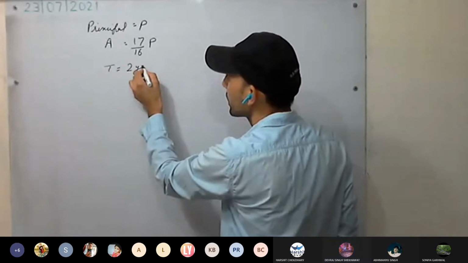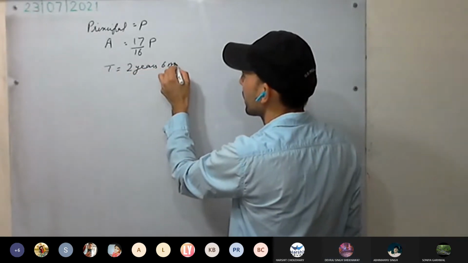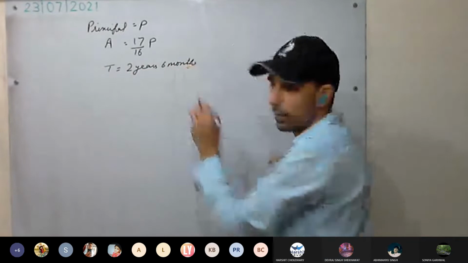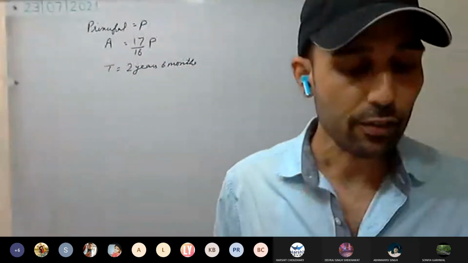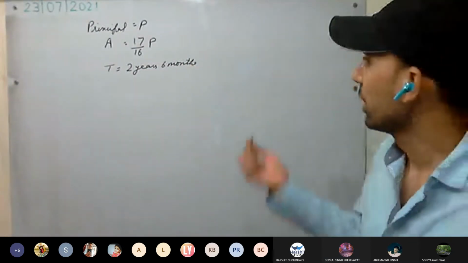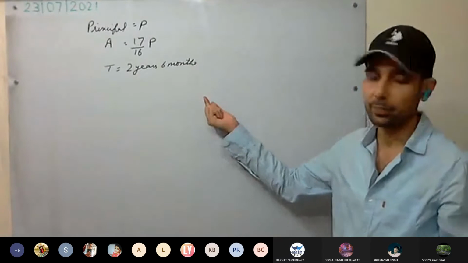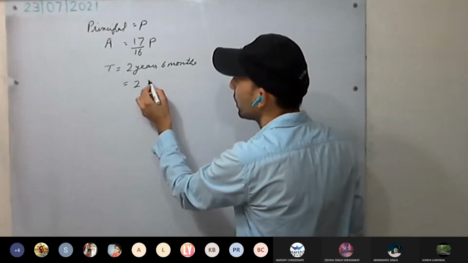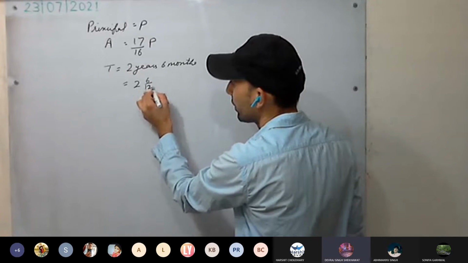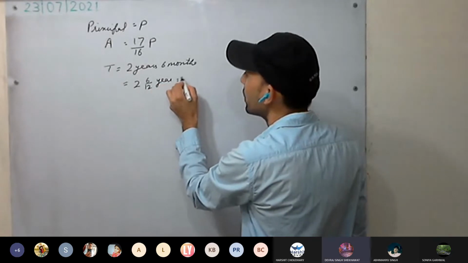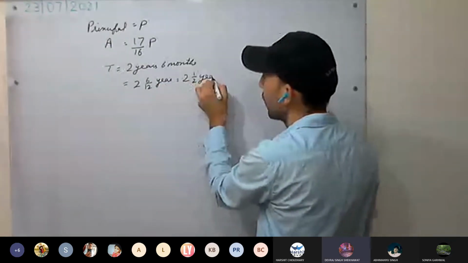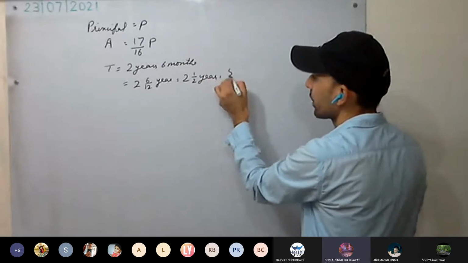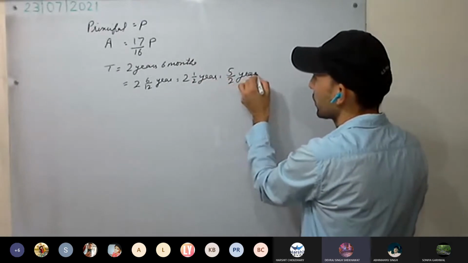T equal to 2 years, 6 months. At what annual rate? Annual rate means rate will be percentage per annum. It means time we require in years. 6 months is 6 by 12, 1 by 2 years. So 2 and 1 by 2 years, or 5 by 2 years.